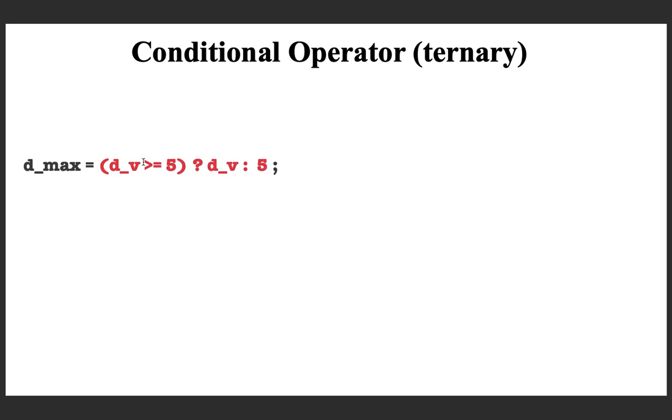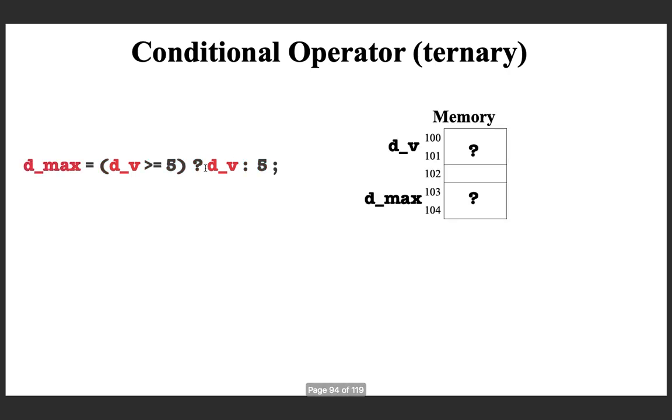So, three operands are there and the operator is actually question mark and colon, and in between you have an expression. If you look at this expression, there are two variables, dv and dmax. Assume that they are allocated memory like this and also assume dv is holding the value 10.